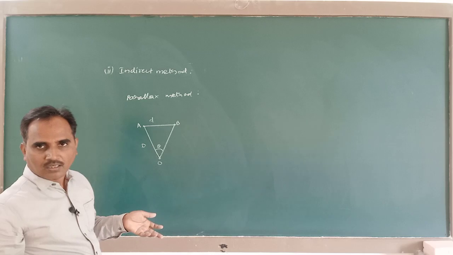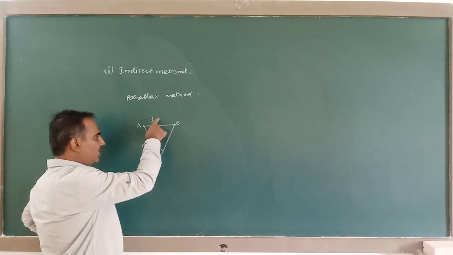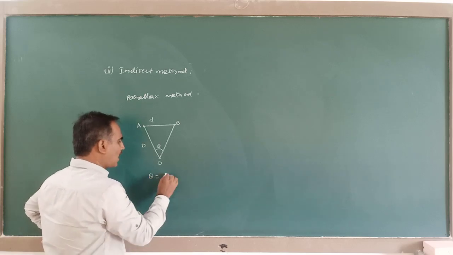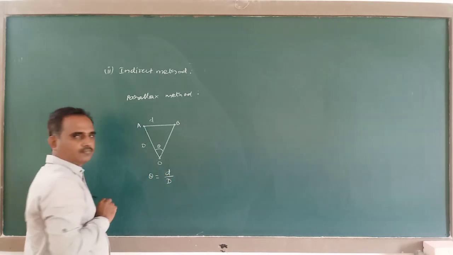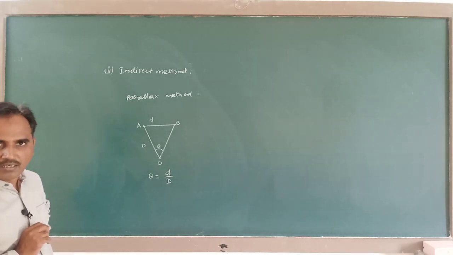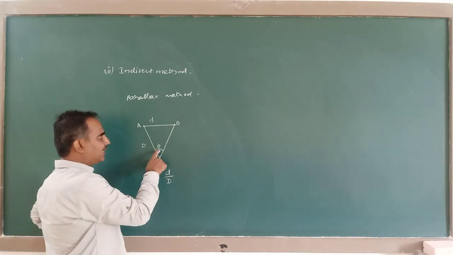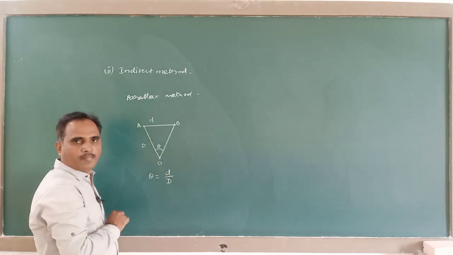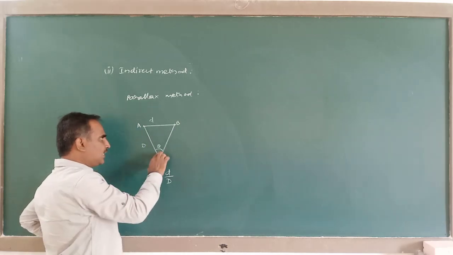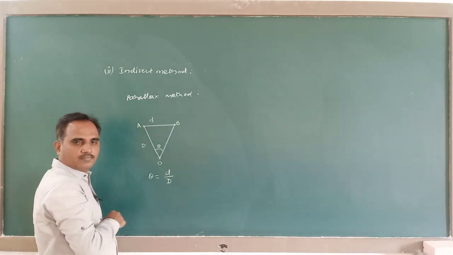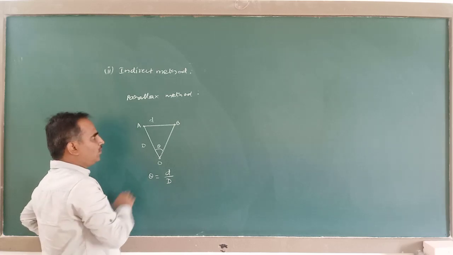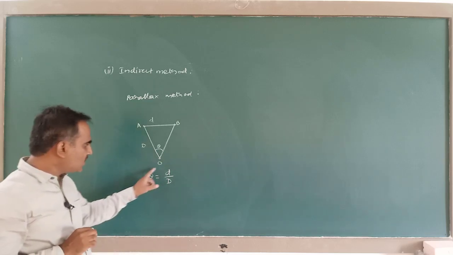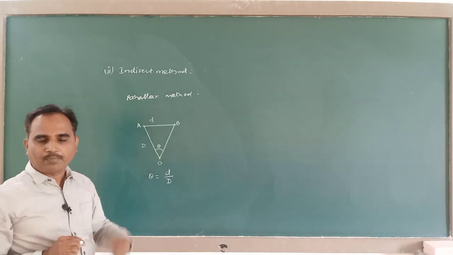By geometry, the relation between this D, capital D, and theta is, angle theta is equal to arc length divided by radius. So theta becomes d divided by D. So if you know this capital D and theta, you can calculate this distance d. Or if you know this d and theta, you can calculate this distance D. So out of these three parameters, if you know any two, the third thing can be calculated.